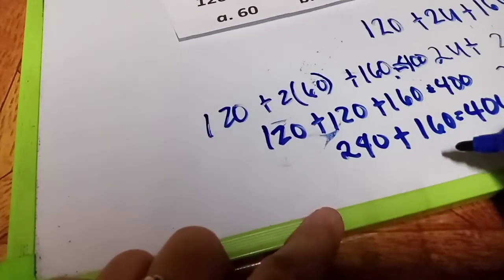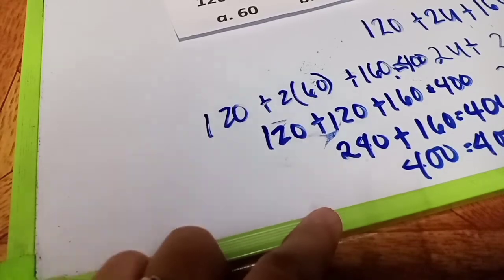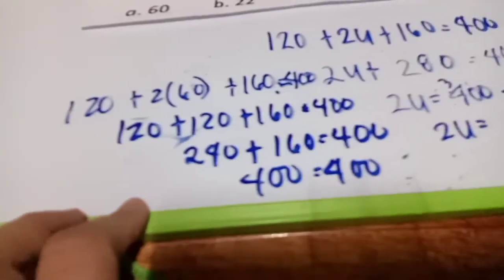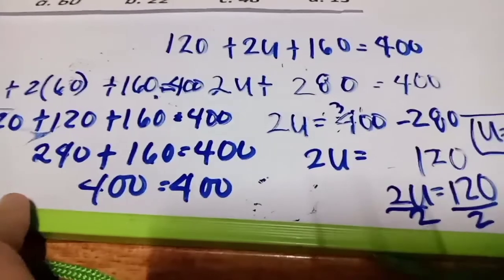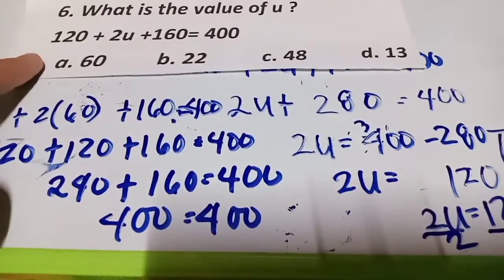So 240 plus 160 is 400, equal to 400. So our u is 60 and the answer is letter A.